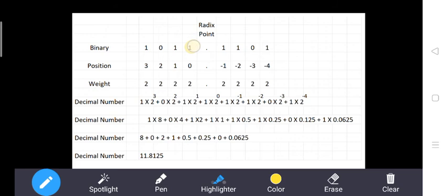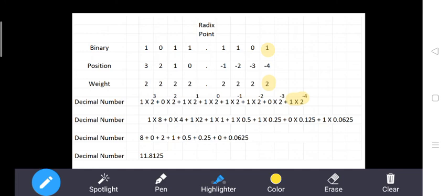Next, 1 into 2 raised to 0, plus 1 into 2 raised to -1, 1 into 2 raised to -2, 0 into 2 raised to -3, 1 into 2 raised to -4.